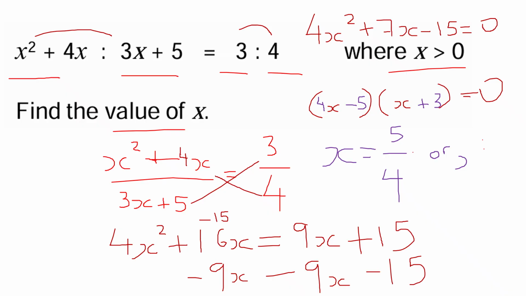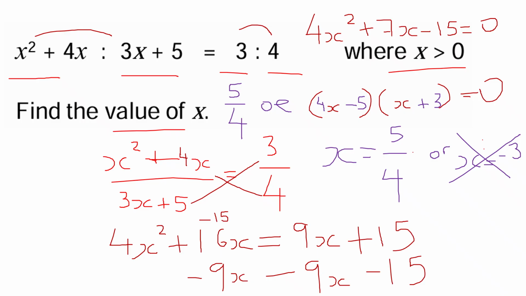But we've got a condition from the first part of the question where x must be greater than 0, so we have to disregard the negative solution. So the value of x is 5/4, or 5 quarters, or 1 and 1/4, or 1.25. I'm going to put OE for equivalent. That is our answer.